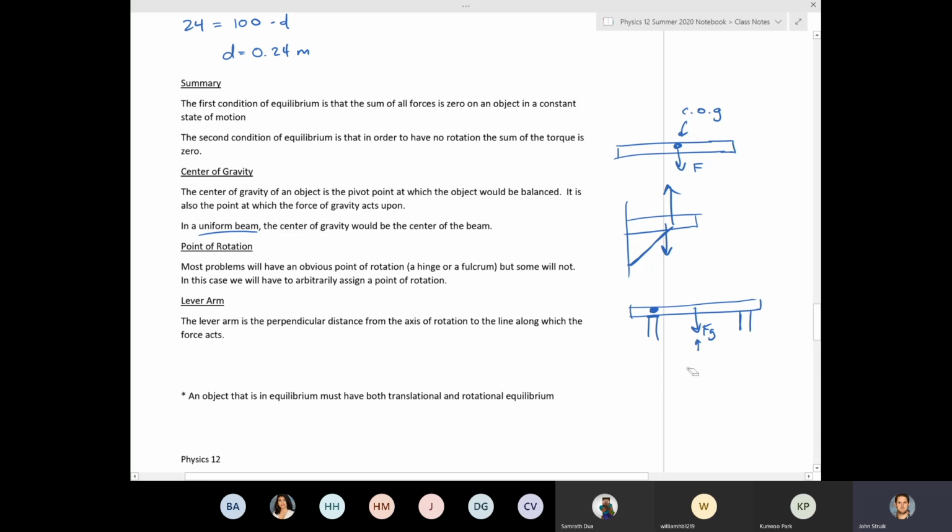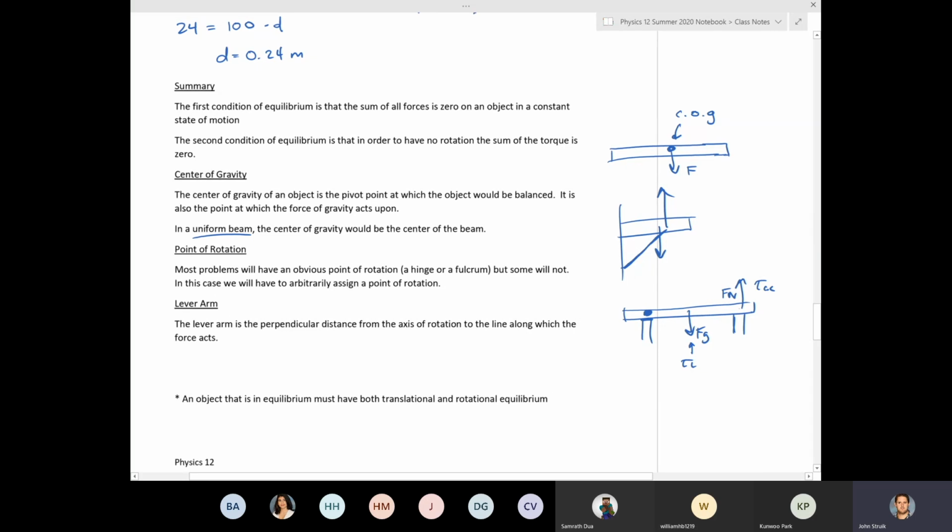This force of gravity is now going to cause a clockwise torque, which means that I need a force that's going to cause a counterclockwise torque. And that's how I know that my FNs are both going up. Because you can change where the pivot point is. I could even put the pivot point in the middle if I wanted to.